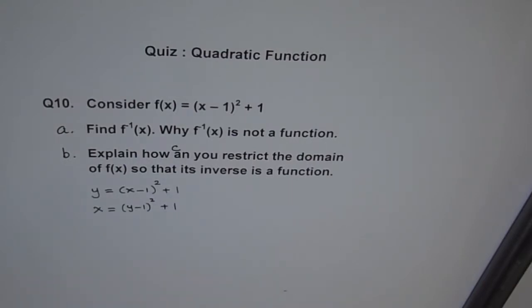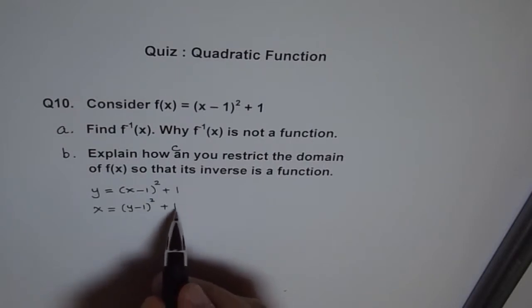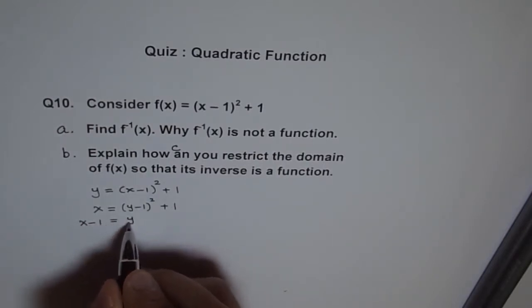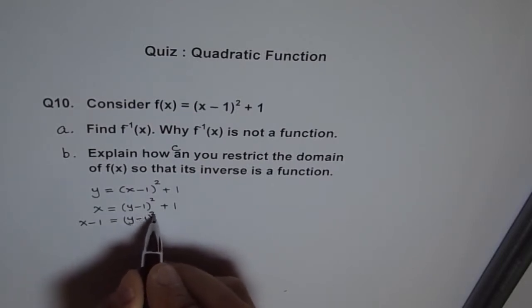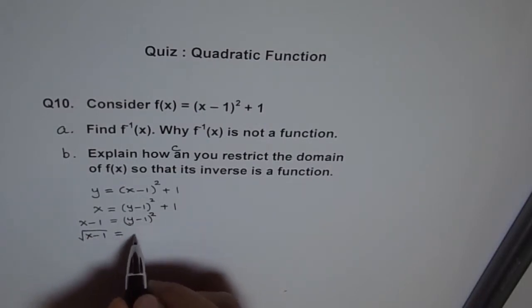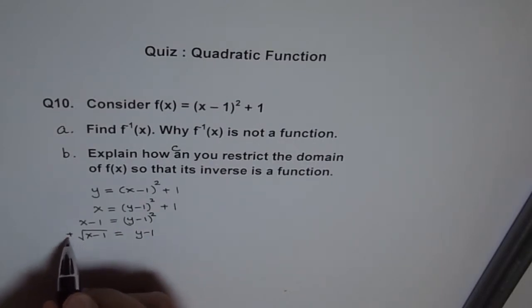And then the next step is to isolate y. So we can do that by bringing 1 here. So we get x minus 1 equals (y minus 1) whole squared, and now we square root it. When we square root both sides, we get y minus 1 on the right, but on the left side we should write plus and minus, correct?